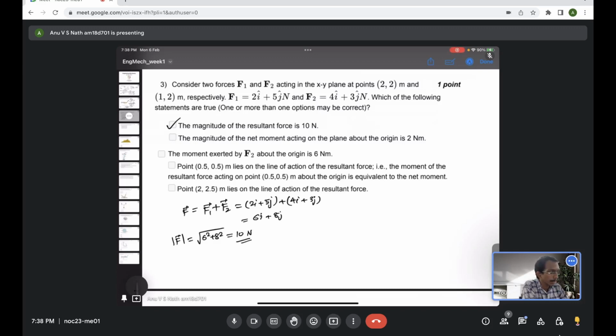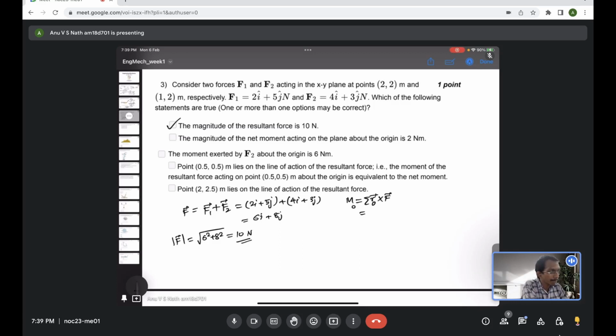So the net moment about the origin is basically the sum of r cross F, where r is the moment arm, so we have to measure the position vector from the origin to that particular force, then take the cross product between them and add over all the forces.